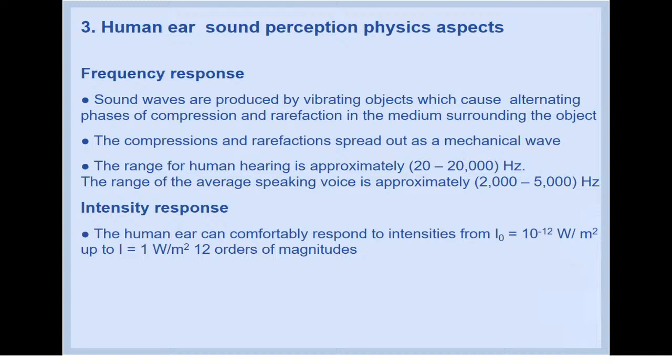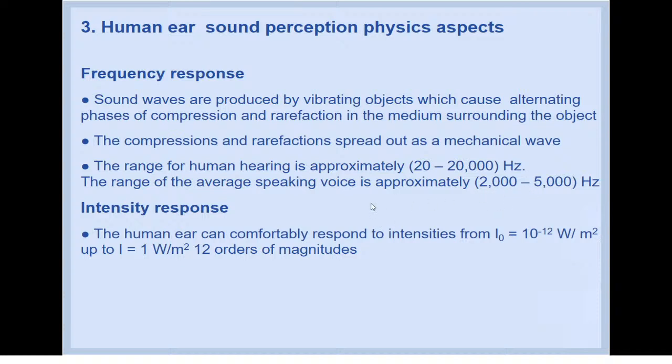The range for human hearing is approximately this, up to 20,000 Hertz. The range of the average speaking voice is approximately this, you can see how narrow this range is.